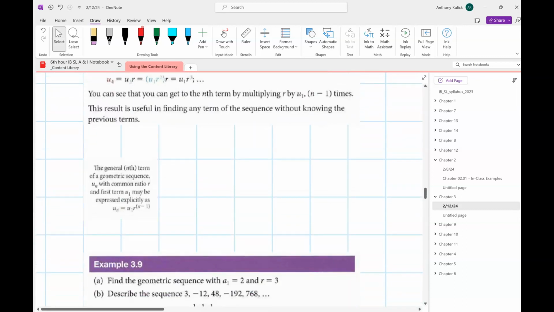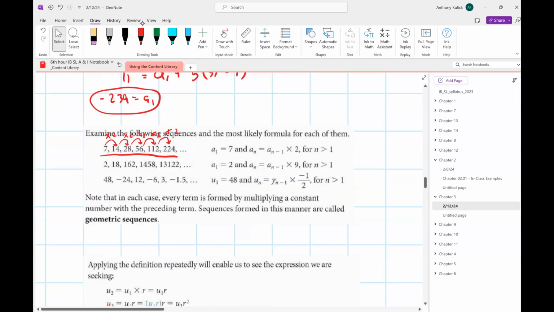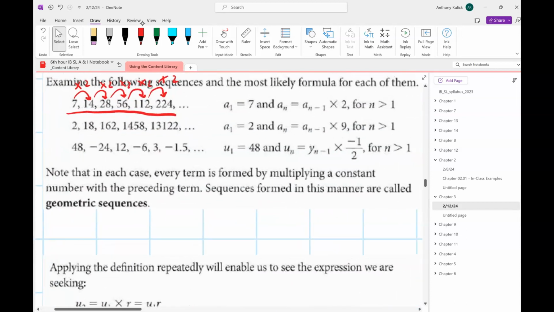All right. So the explicit formula could be written as u sub n equals u sub 1 times r to the n minus 1. R is that common ratio. Keep in mind, though, with that common ratio, you have to be a little bit careful. Look at, say, this sequence down here.